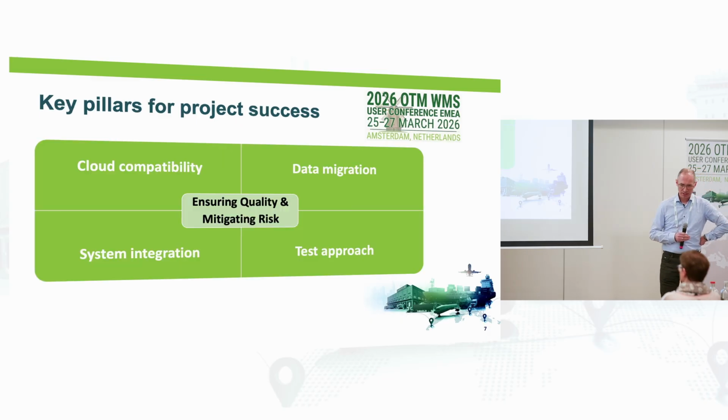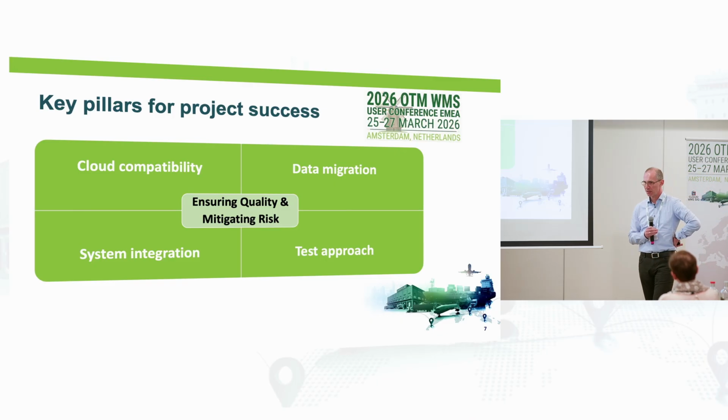So, how did we organize the project, and what did we see as the key pillars for the project success? At the end, it's all about mitigating risk for us and ensuring quality. So cloud compatibility was a big topic even earlier for us.